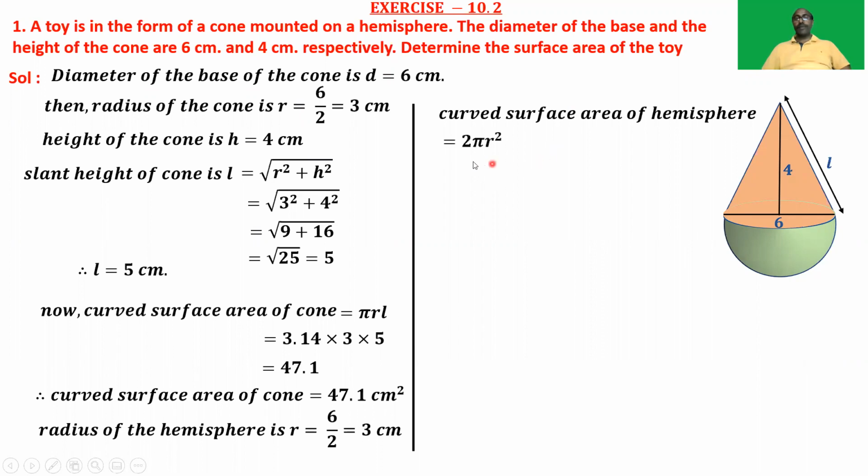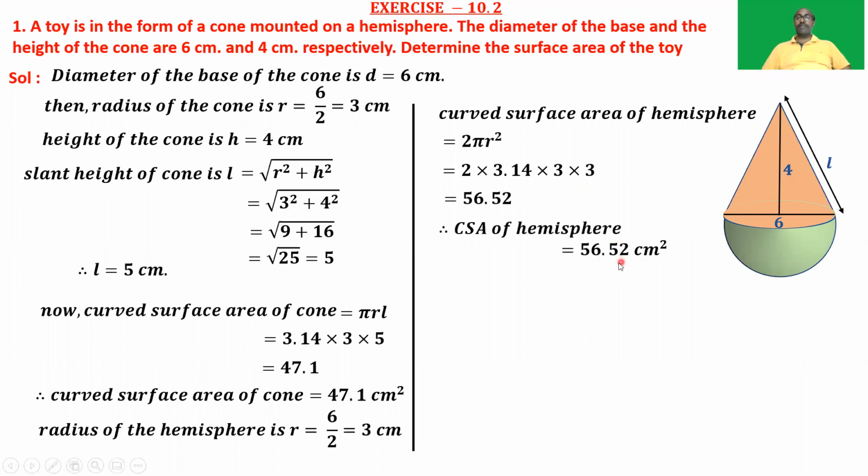So we are writing 2 pi r square. Now pi is equal to 3.14 and r is equal to 3 centimeters, where r is the radius of the hemisphere. By finding its value, we get 56.52. So the curved surface area of the hemisphere is 56.52 centimeters square. Here CSA stands for curved surface area.